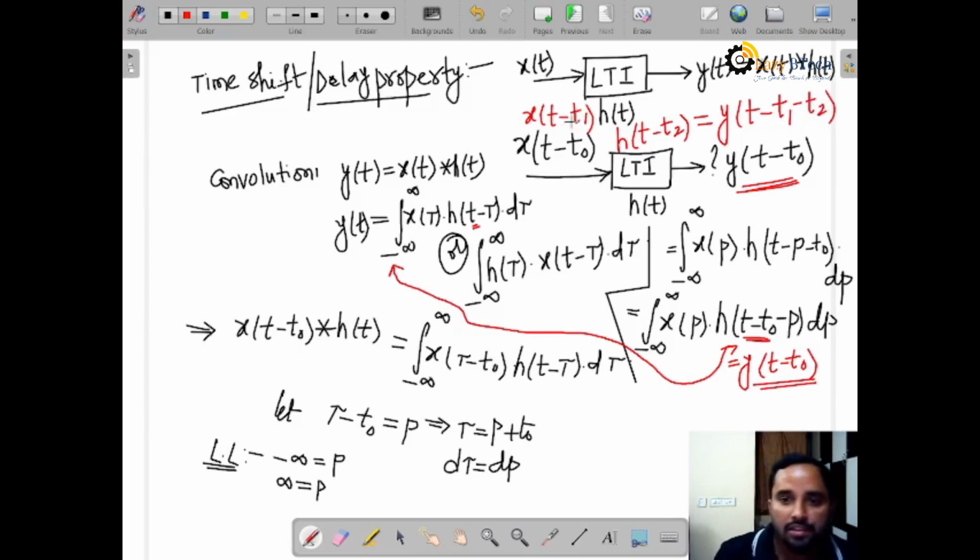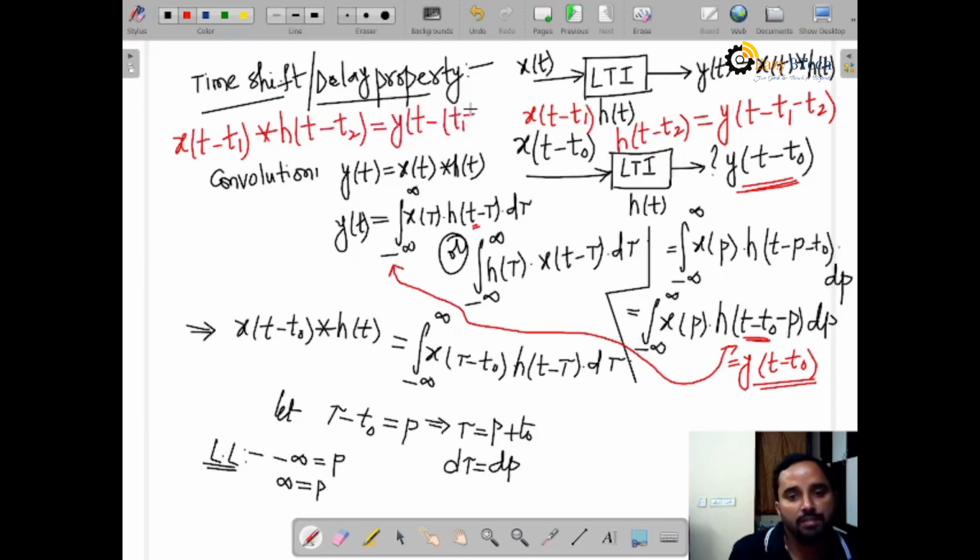So input is coming late by t1, impulse response is late by t2, then the output is also late by t1 plus t2, so y of t minus t1 minus t2. So the output is also shifted or delayed. So this is the time shift or delay property. Very simple. Okay, right or not?